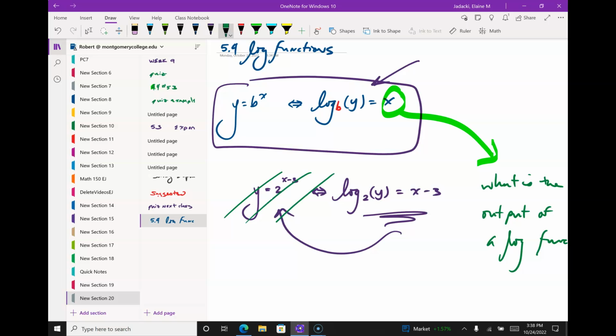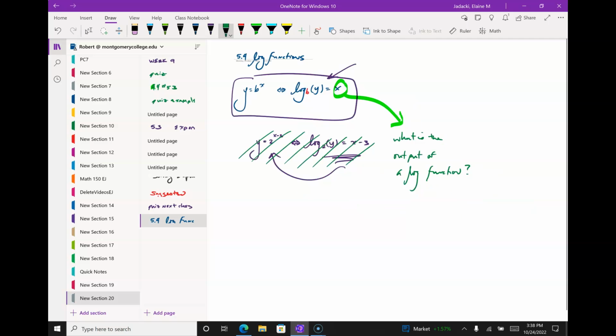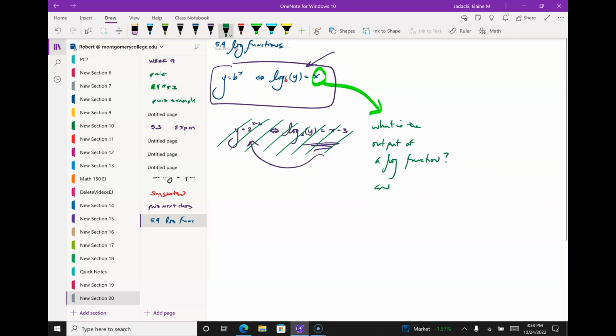Looking at this purple box here, I'm looking at x as the output of a log function. But what's another way to think about it? Look at the translation. What part of the exponential function is the x? An exponent.